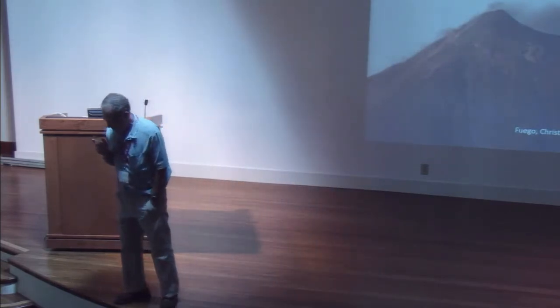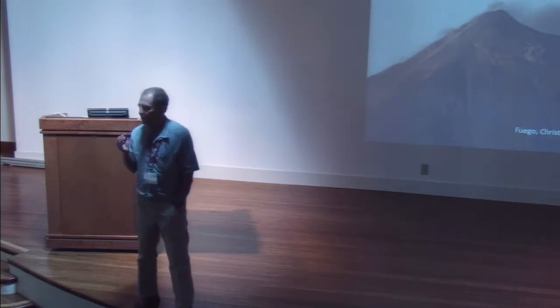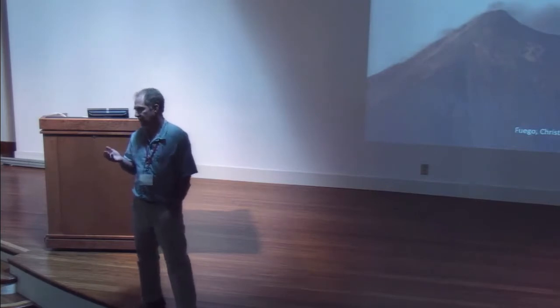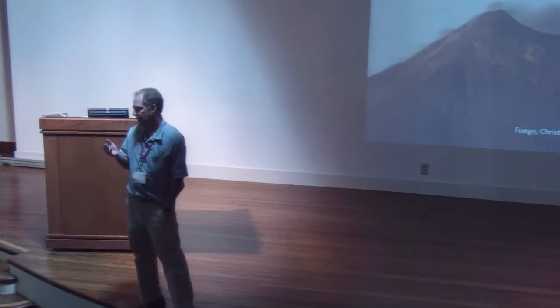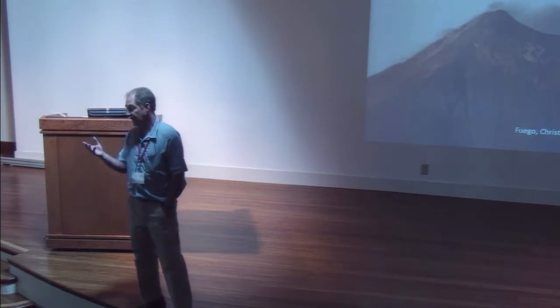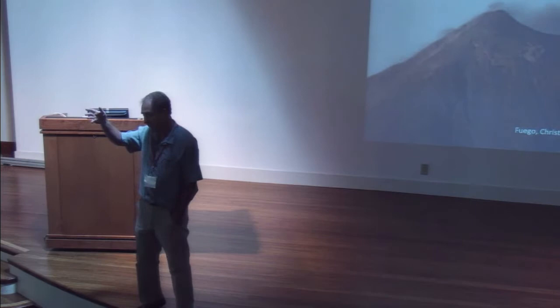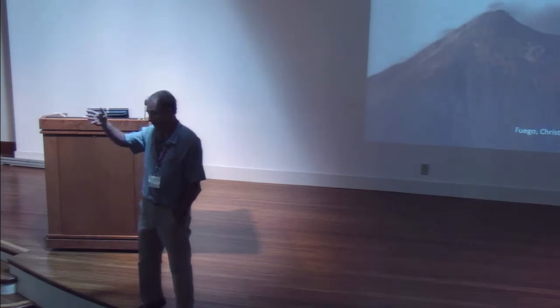So let's say you had less land area available. Then that's going to slow down the adjustment time scale to a perturbation in climate, CO2, whatever. As long as that land surface can be resurfaced through some erosion process or tectonic process, that's fine.